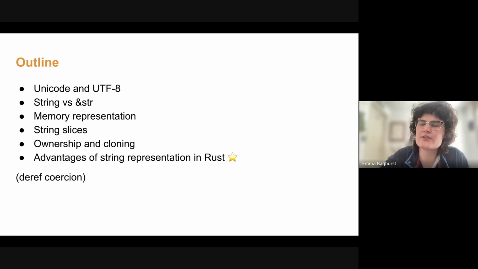And then what I wanted to do was really emphasize the advantages of how strings are represented in Rust, to try and convince you that although it feels so complicated, it has a lot of advantages. I've also got a few slides on deref coercion that I don't think we'll have time to cover, but if you're interested, I can send you the slides or go over them.